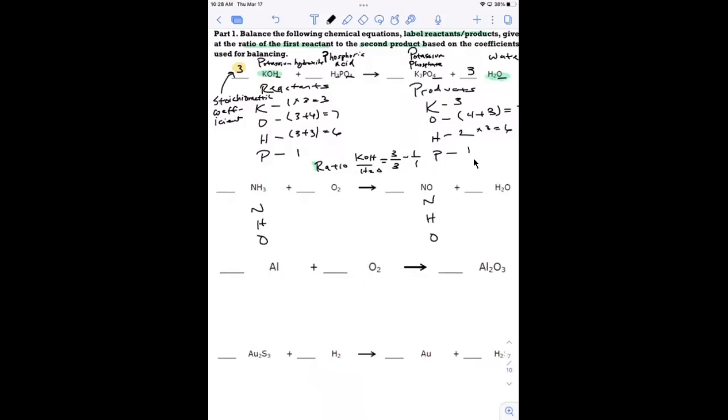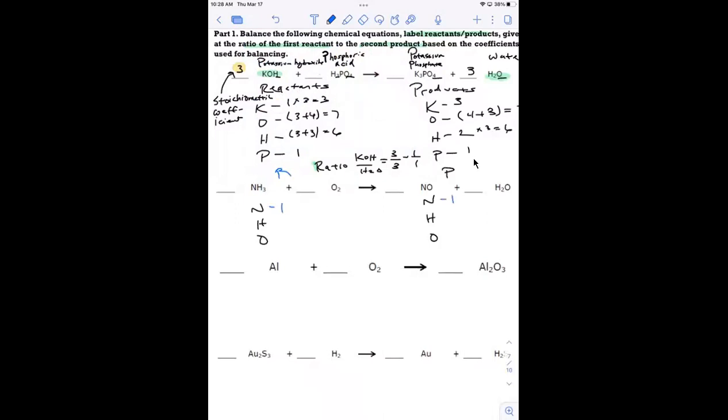All right, so how many nitrogens do we have on the reactant side? So these are my reactants, and then these are my products. I'm just going to put R and P. You have one nitrogen in your reactants, and then you have one in your product.